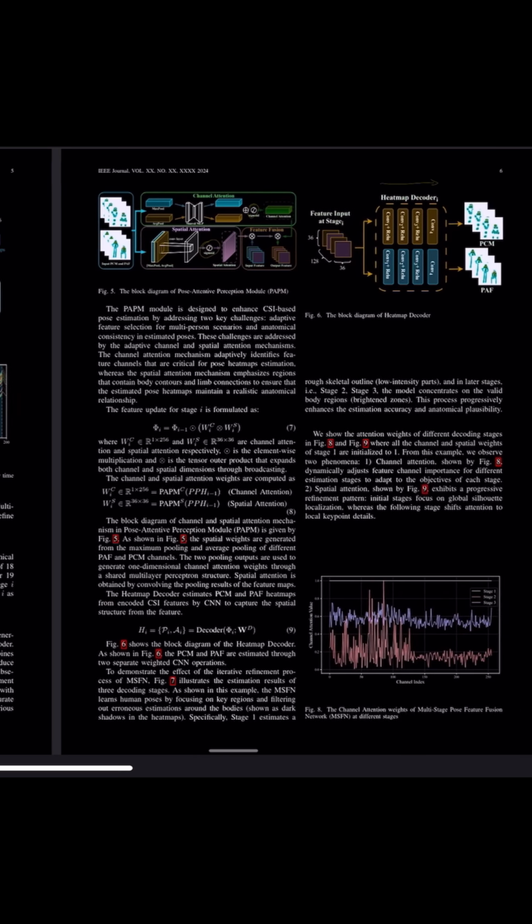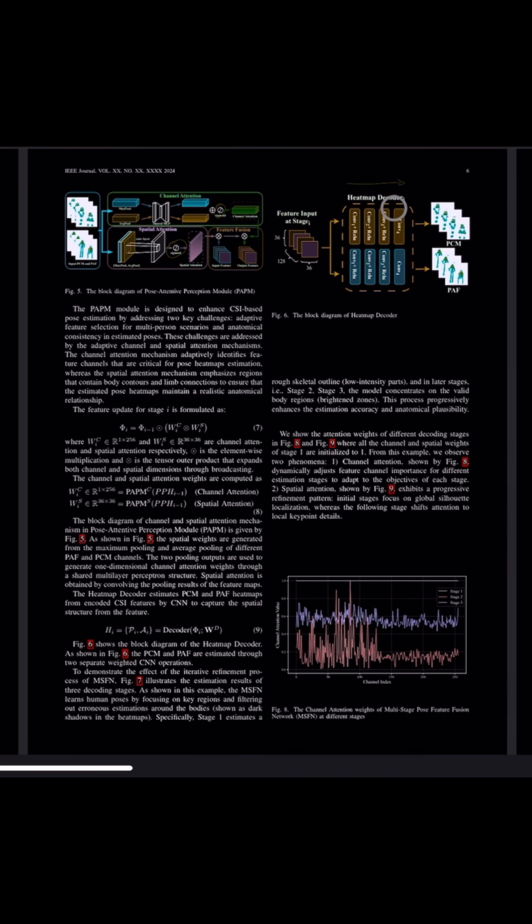Pose estimation module. This is this module right here. This MultiFormer predicts pose confidence maps, PCMs, and part affinity fields, PAFs, over multiple stages. A module called PAPM applies spatial and channel attention to refine features at each stage.